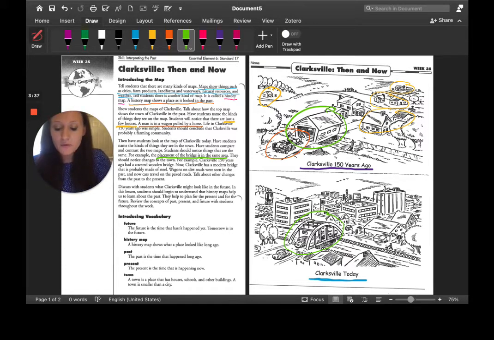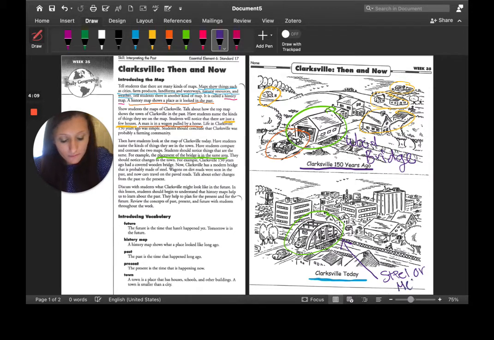Now we're going to look at changes to the town. An example of that would be the bridge. 150 years ago, we noticed that the bridge was a wood bridge, whereas in Clarksville today, we notice that the bridge is probably made of steel or metal.